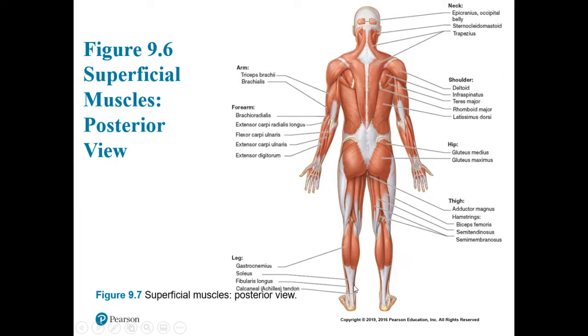Notice how large it is. Right, so its contraction pulls in that direction towards the midline, right? Pulls in that direction. So therefore, pulling on the calcaneus and allowing you to lift essentially the foot.